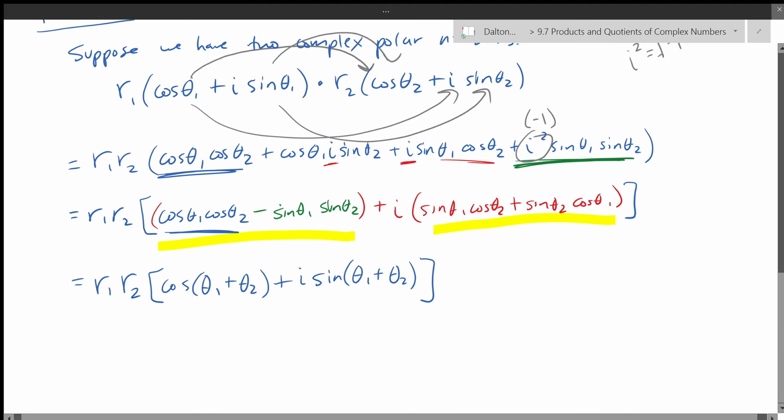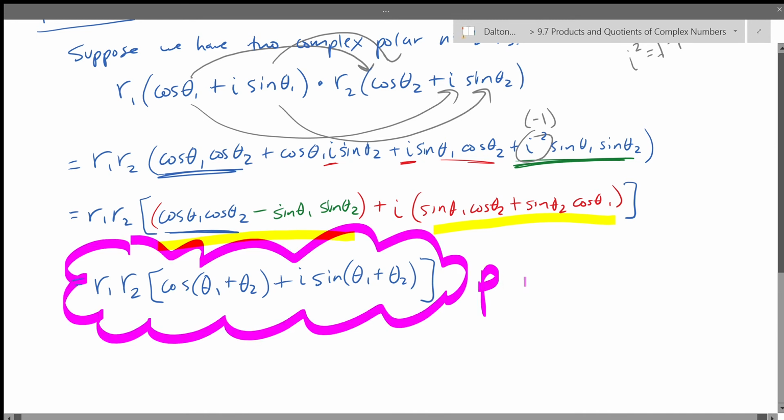Okay, and this is the big takeaway for the first part. There are going to be two formulas for today. This is how to find the product when you multiply two polar complex numbers.